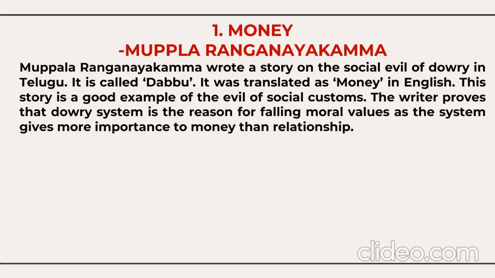Muppala Ranganayakamma wrote a story on the social evil of dowry in Telugu language. It's called Dabu. It was translated as Money in English. This story is a good example of the evil of social customs. The writer proves that the dowry system is the reason for falling moral values, as the system gives more importance to money than relationship.